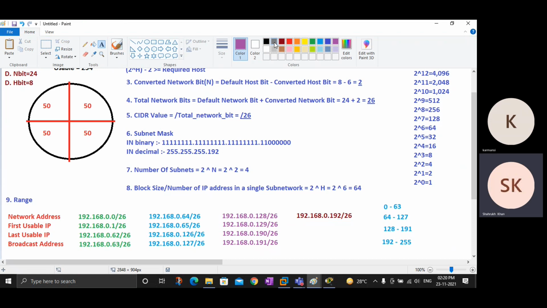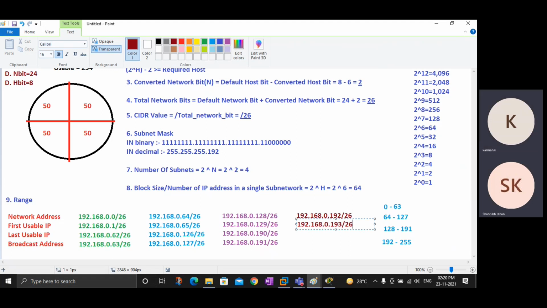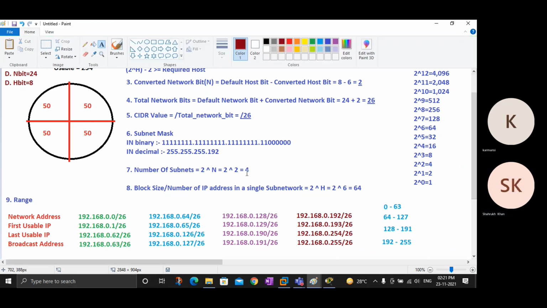And similarly for the last one, the first usable is 0.193, the broadcast is 0.255, and the last usable IP will be 254. So when you do the subnetting of this network according to the required host value 50, you will get these ranges.